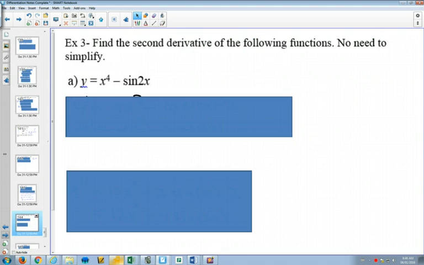So here, I'm going to just let you try these next ones. There's 4 of them there. We'll put up the answers in a second. Some of them will have the chain rule. Some of them will have product rule.